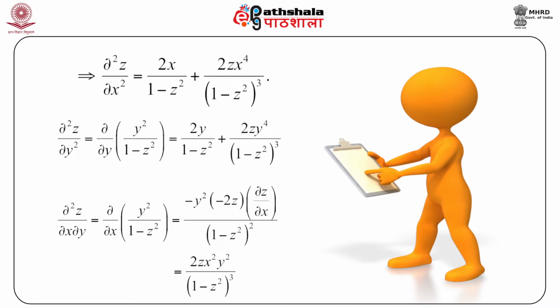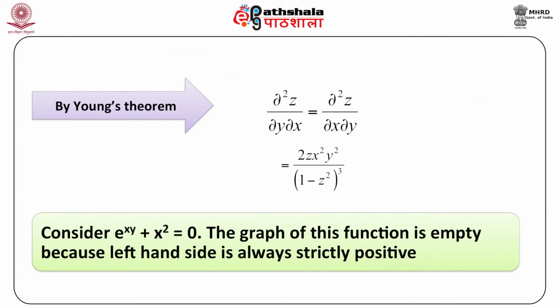Del squared z by del x del y is equal to del by del x of (y squared over 1 minus z squared), which is equal to minus y squared into minus 2z into del z by del x all over (1 minus z squared) the whole square, which is equal to 2z x squared y squared over (1 minus z squared) the whole square. By Young's theorem, del square z by del y del x is equal to del square z by del x del y, which is equal to 2z x squared y squared divided by (1 minus z squared) the whole cube.